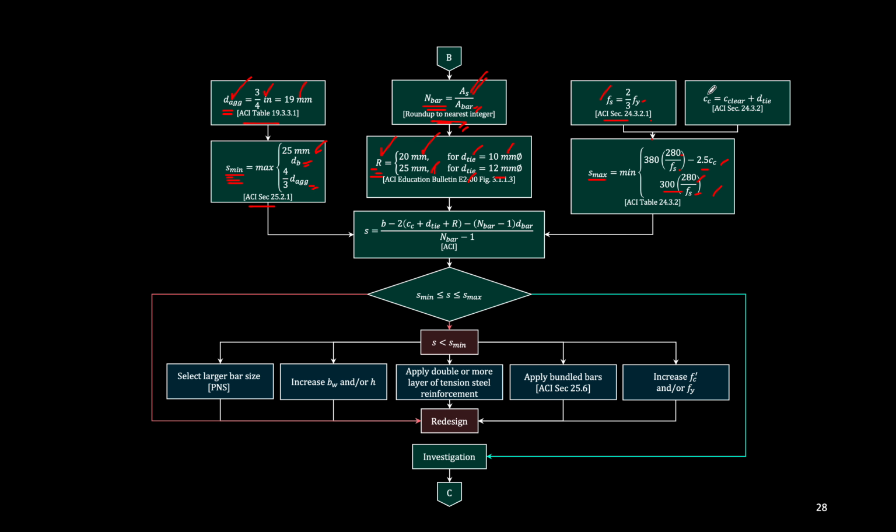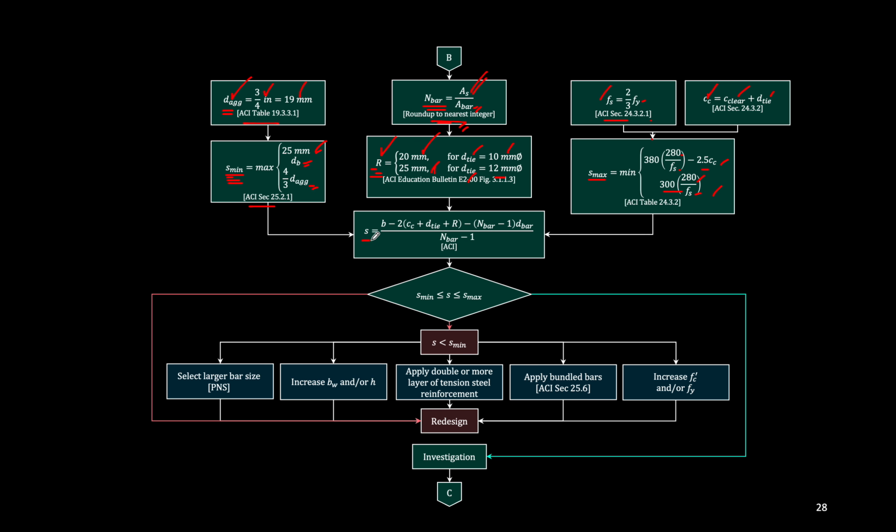Tsaka yung C sub C, take note, this is not the clear na concrete cover na given kanina sa previous na flowchart. But rather, this is equivalent to the clear cover plus yung diameter ng ating ties.